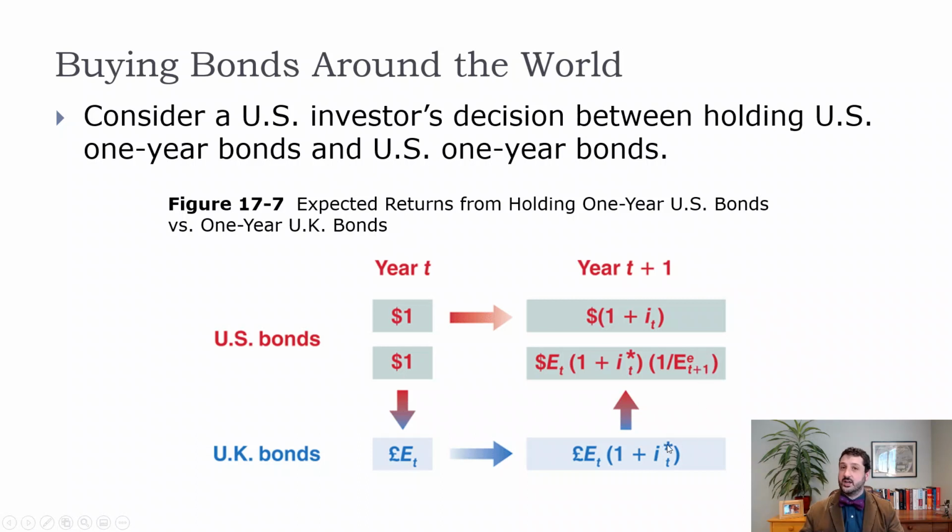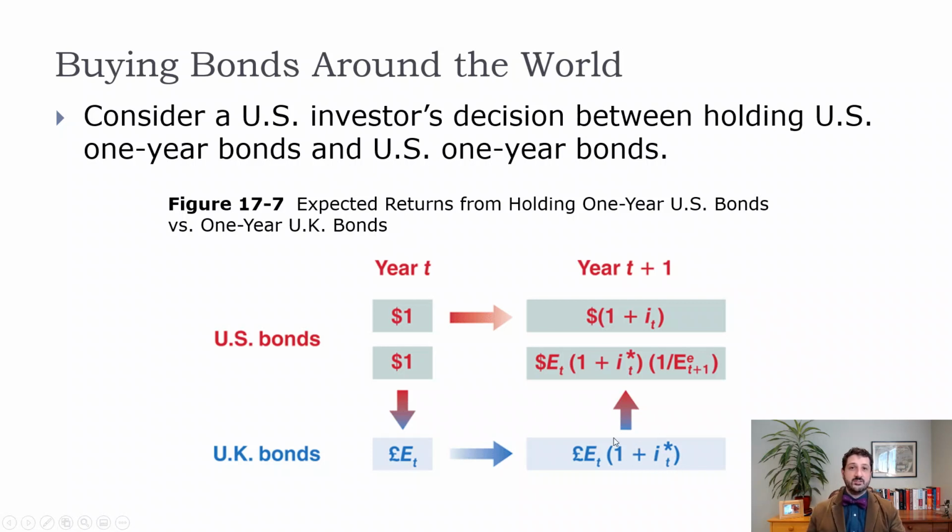And we have to think about what's the interest rate that I'm going to get in the UK versus the US. So that is I star. If we take that dollar and convert it to pounds, we get whatever the exchange rate is in pounds. We take that, we buy the bond. So we have E_t times 1 plus I star_t. That I star is the interest rate in the UK.